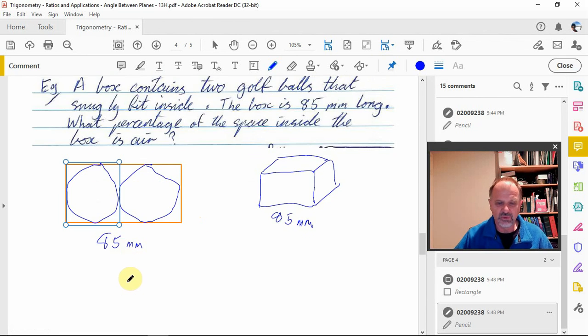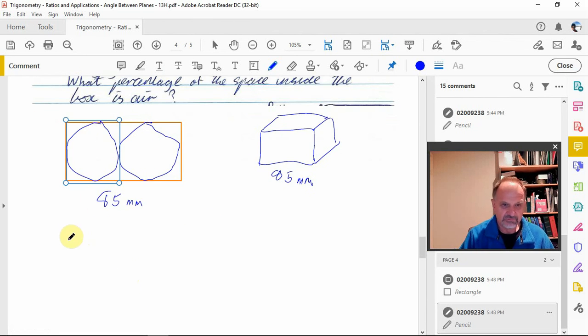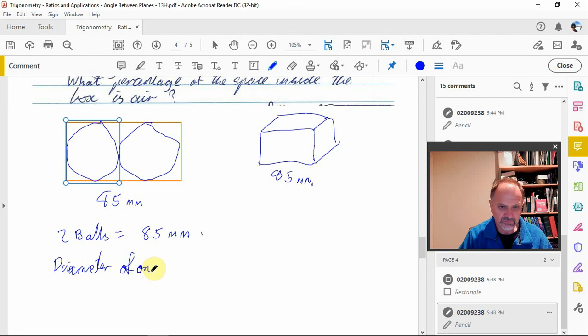All right, so 2 balls is 85 millimeters. So the diameter of 1 ball is 85 divided by 2, which is 42.5.